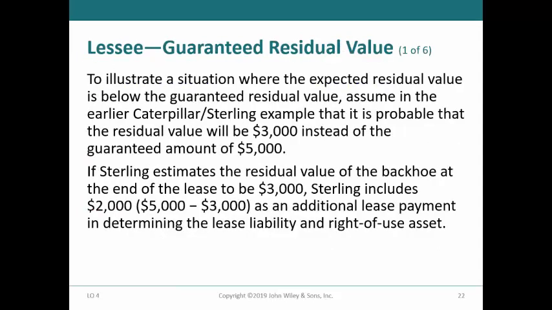So now let's say that Sterling did not think that the backhoe would be worth the full $5,000 when they return it to Caterpillar, but instead believe it will only be worth $3,000. Then Sterling would be required to include the present value of the difference of $2,000 in both the lease liability and the right of use asset.